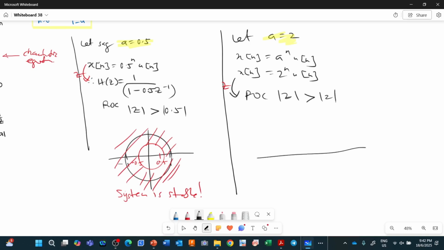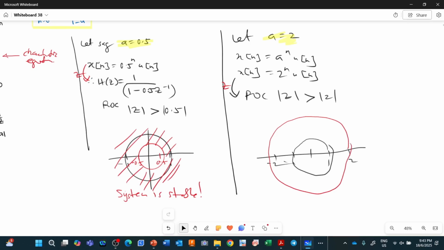So draw the ROC. Minus 1, 1, minus 2, 2. Okay, and then 2, like that.